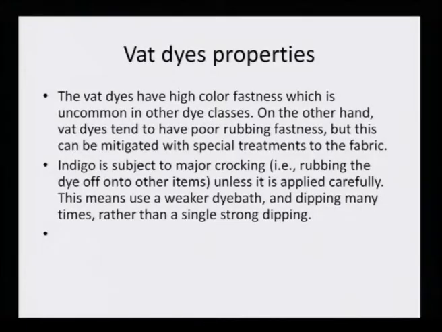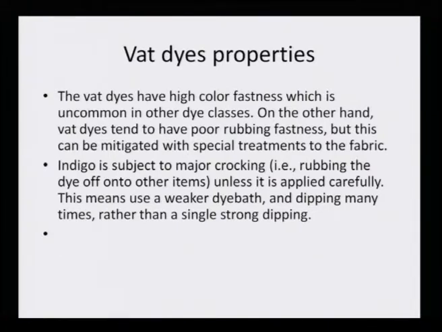Vat dye properties. The vat dyes have high color fastness, which is uncommon to other dye classes. On the other hand, vat dyes tend to have poor rubbing fastness, but this can be mitigated with special treatments to the fabric. Although it generally has good rubbing fastness, in a few cases of the vat dyes, it may have a bit of a problem with the rubbing fastness.